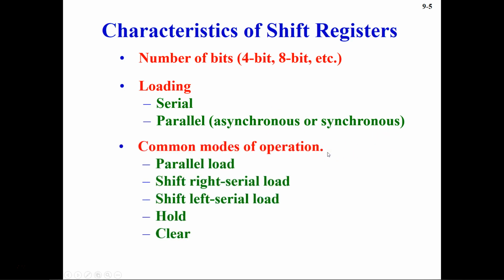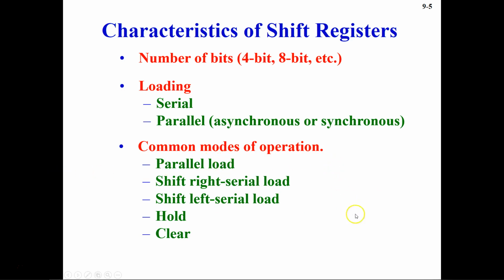And they have different modes of operation. These are some common modes. They can work in parallel load, they can shift right serial load, they can shift left serial load, they can hold the data, they can clear the data. When I say shift right serial load, it means it can shift the data to the right side, and shift left is loading to the left-hand side.